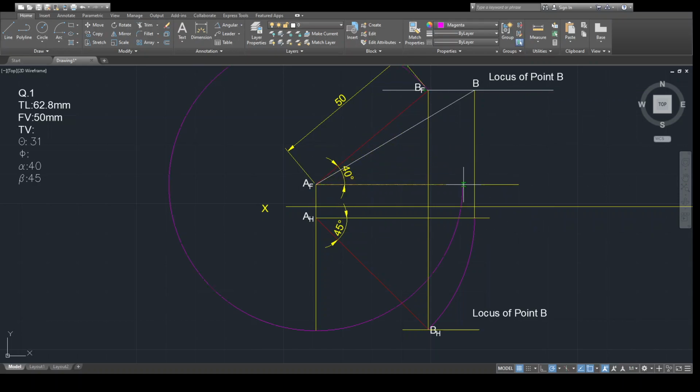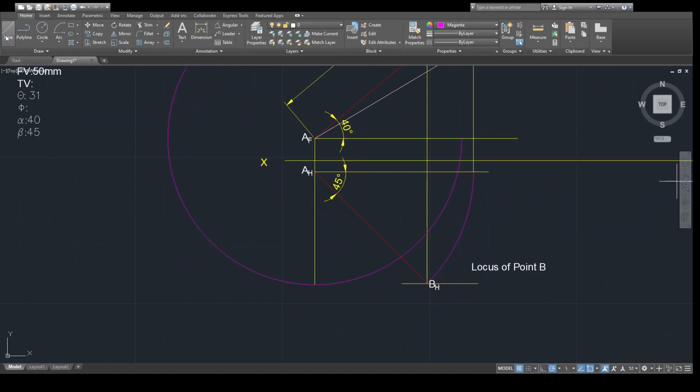It will cut at this point somewhere here. Now from this point draw a vertical projector down up to the locus of point B in case of top view.